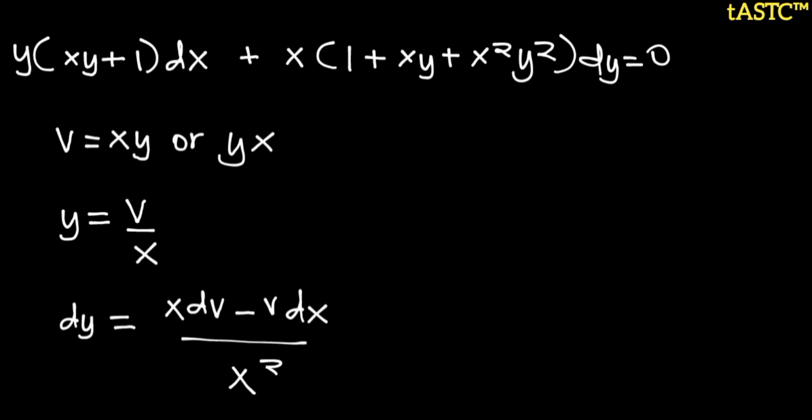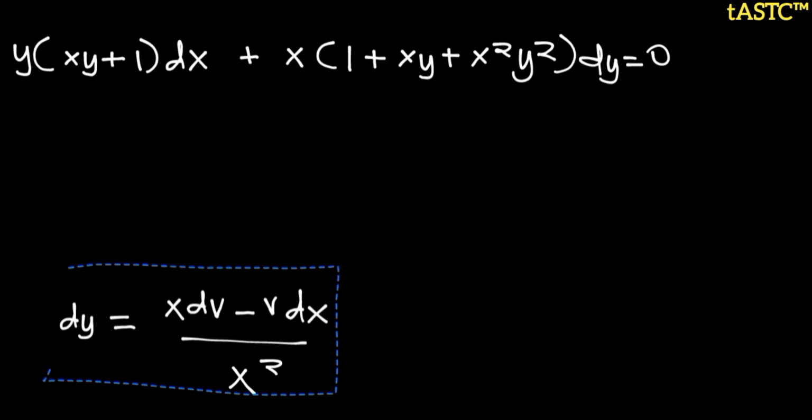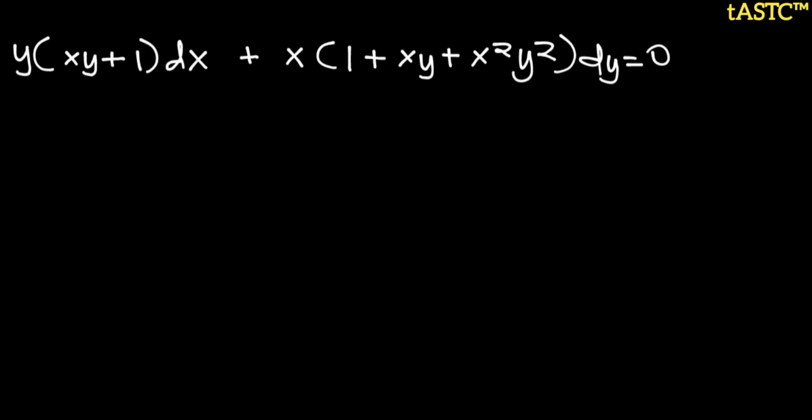So we're going to take all these and plug them back into the original equation. So let us try to do that. I'm going to clear these out because we need some space. So y, we know that y should be v divided by x.